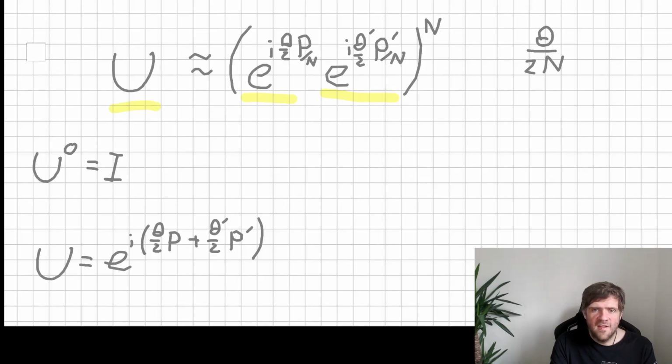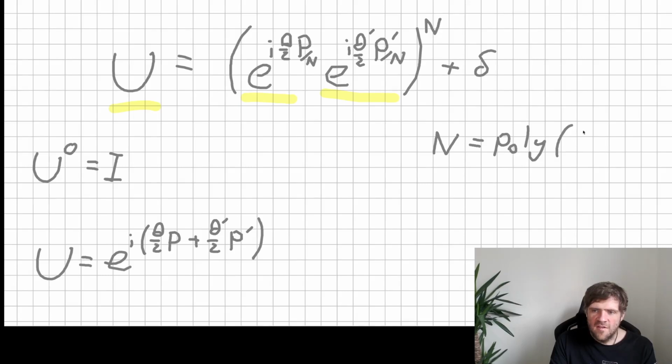And more explicitly, if we want to write this as being equal up to some error term delta, then for any arbitrarily small value of the error, the value of n that you need to get such a small error increases polynomially with 1 over delta.